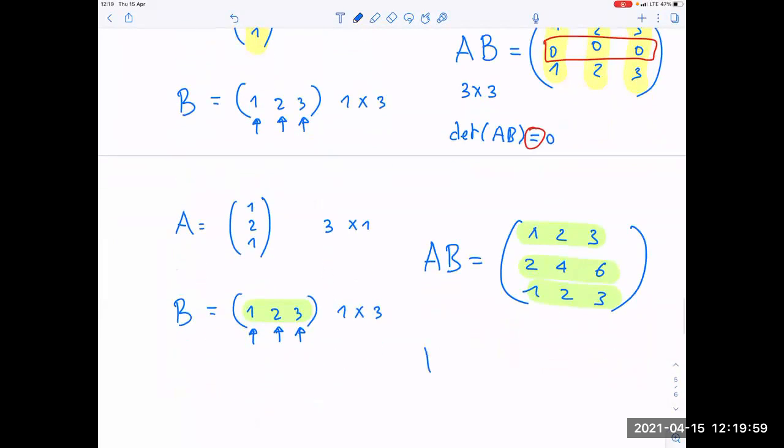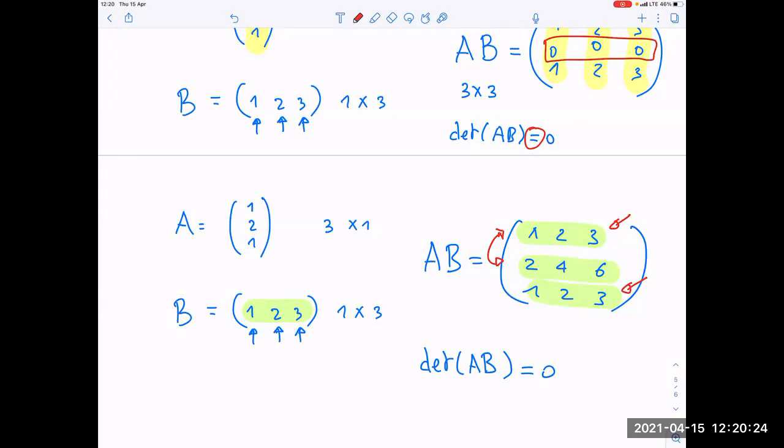And again, the determinant of this matrix is 0. Well, because I have 2 equal rows. But even more, it is not just because I have 2 equal rows, but even the first 2, you see, are multiples, one of the other.